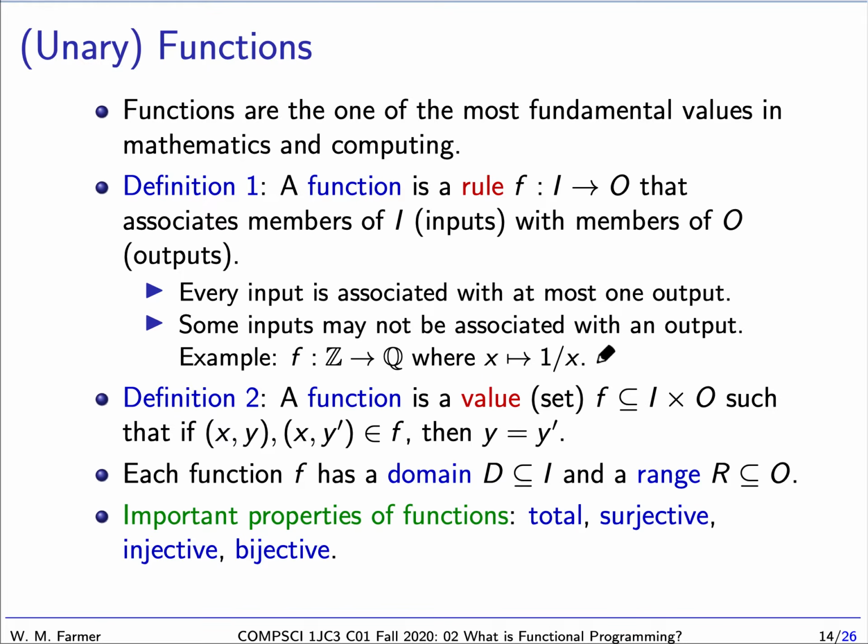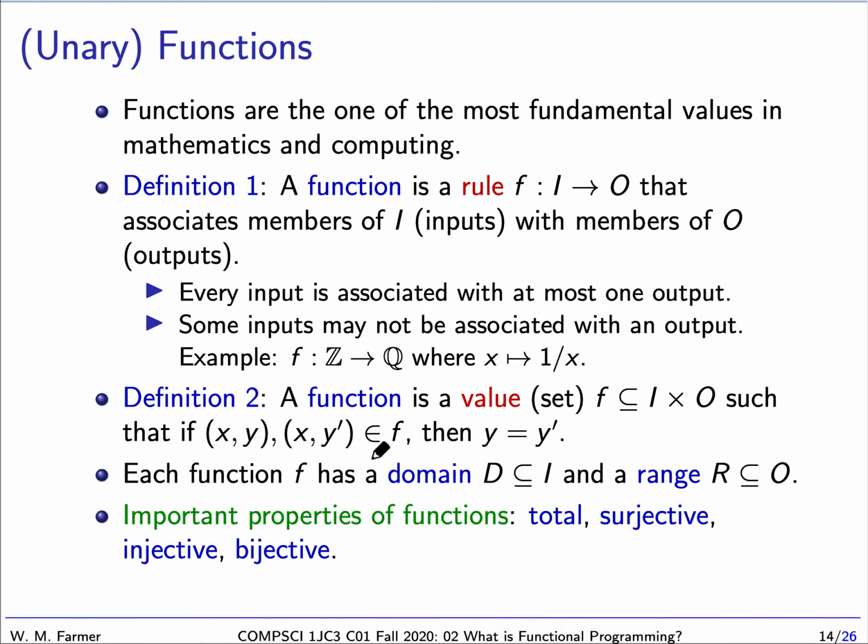So that's what a function is as a rule. As a value, a function is a set. We can think of f as a set of ordered pairs where the first member of the ordered pair is the input and the second is the output. But it's not just any set of ordered pairs. It's a set of ordered pairs that satisfies this property. If I have (x, y) and (x, y prime) in my set, then it must be the case that y equals y prime.